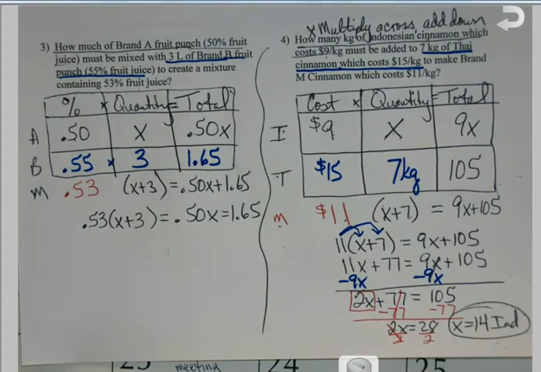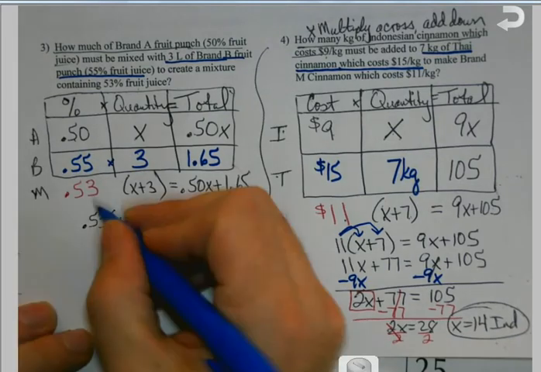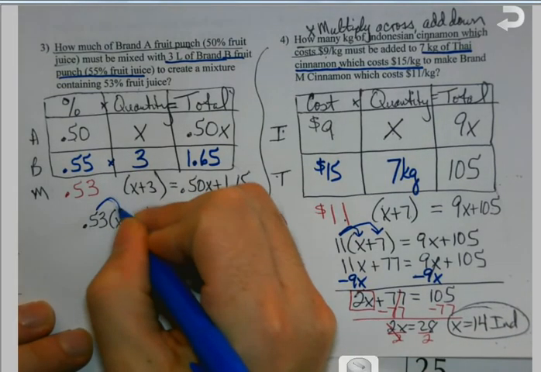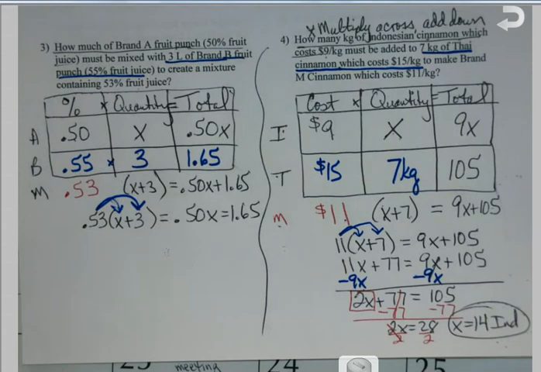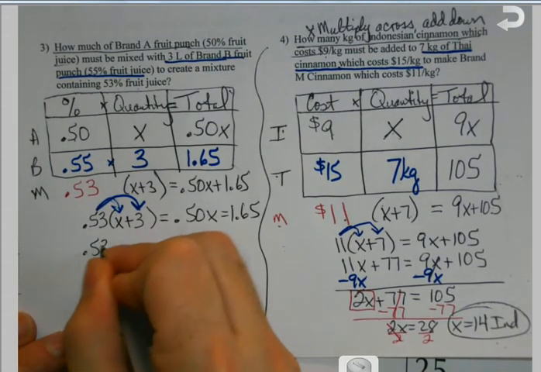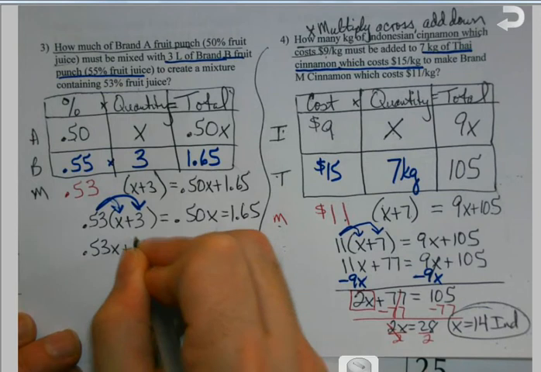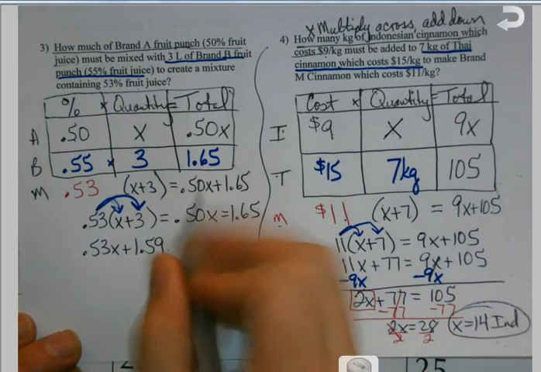But these are always going to set up one of these two ways. So once I get here, just like we've been doing, I'm going to do some distributing. So 0.53x plus 1.59.